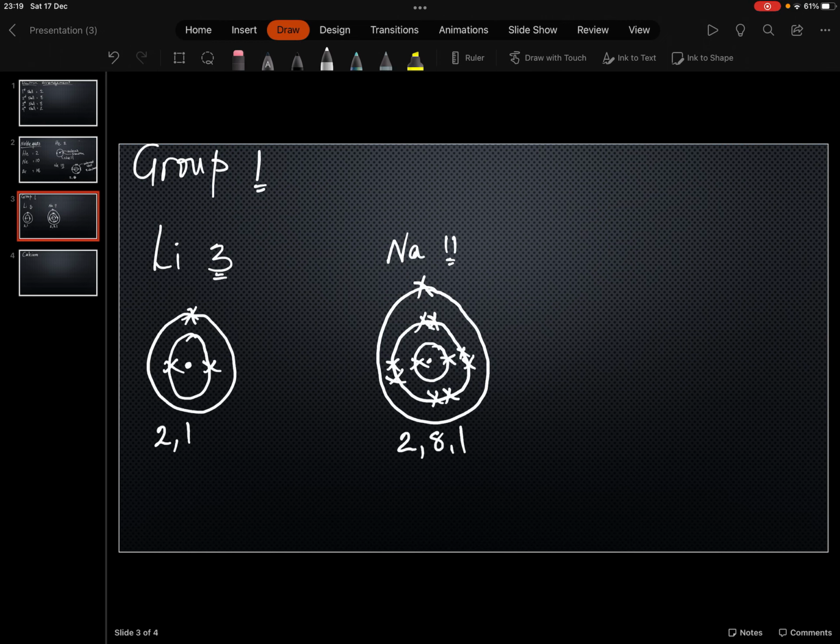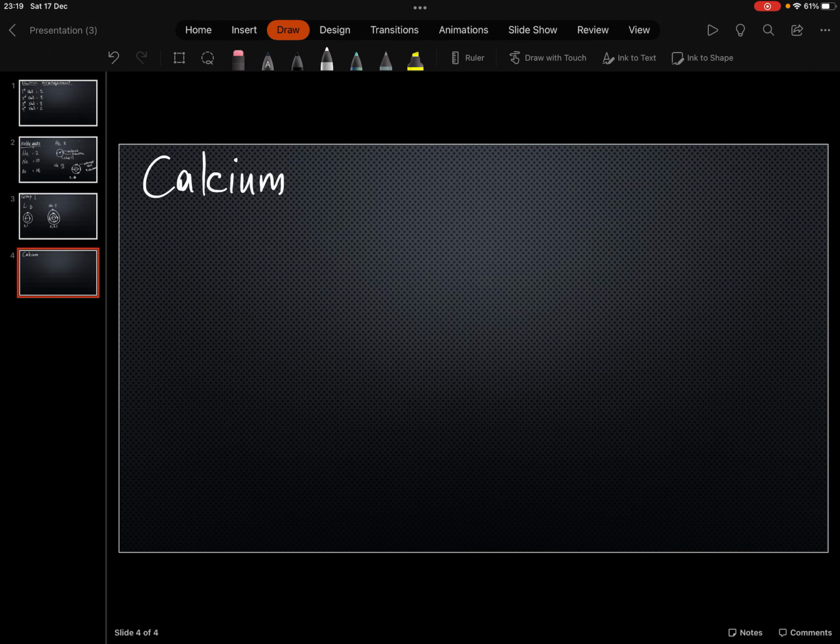I'll do calcium next. Calcium is the 20th element, right? Calcium is in group 2. If it's in group 2, it means it's got 2 electrons in its outer shell.